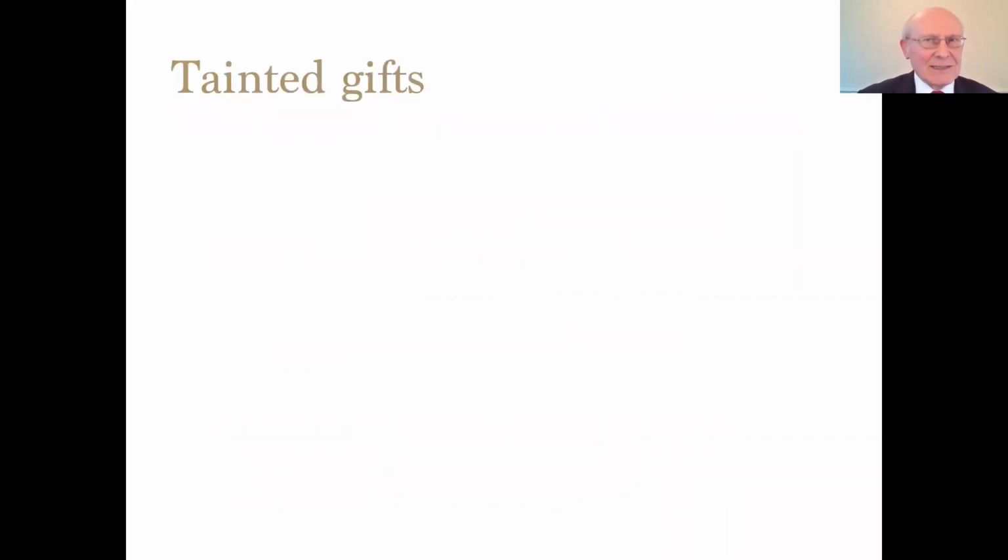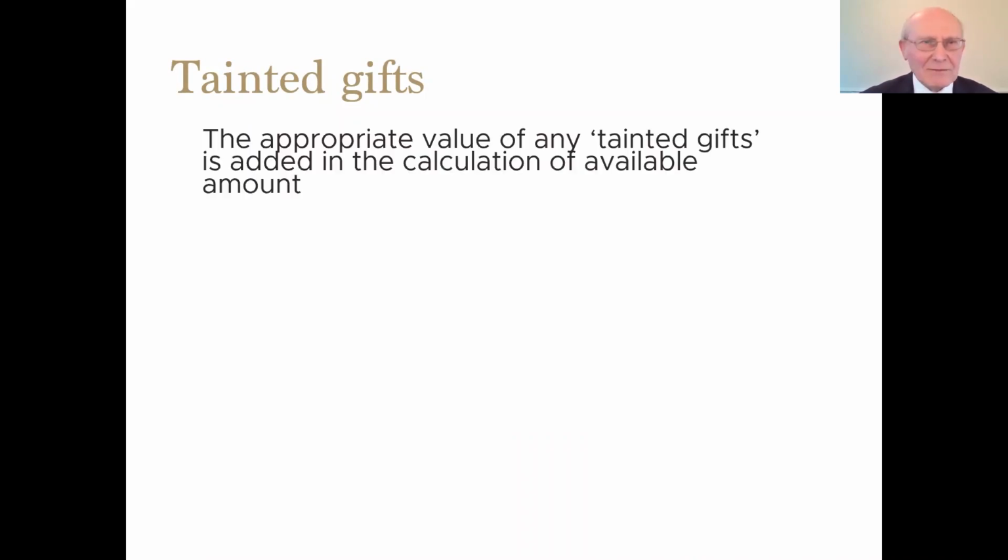Now, I did mention tainted gifts, and tainted gifts can be a problem in relation to available amount. The appropriate value of any tainted gift is added to the defendant's assets in the calculation of available amount.